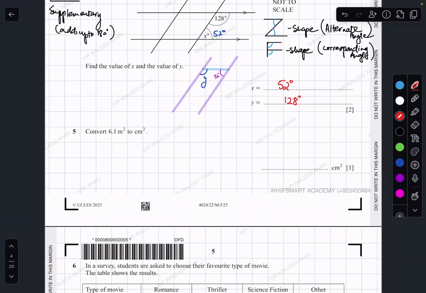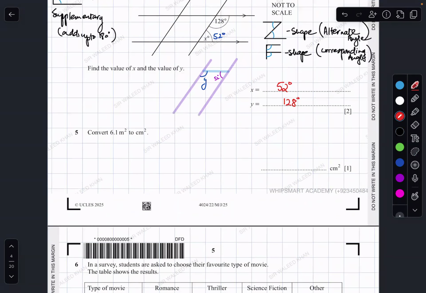Convert 6.1 meter square to centimeter square. I have mentioned before, and I'm going to tell again. This is the scale for length.